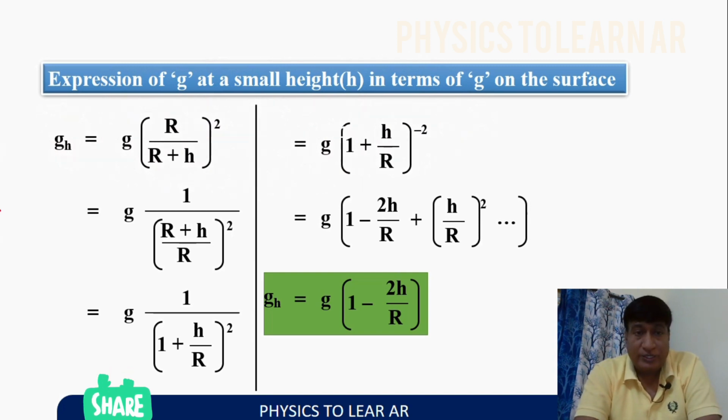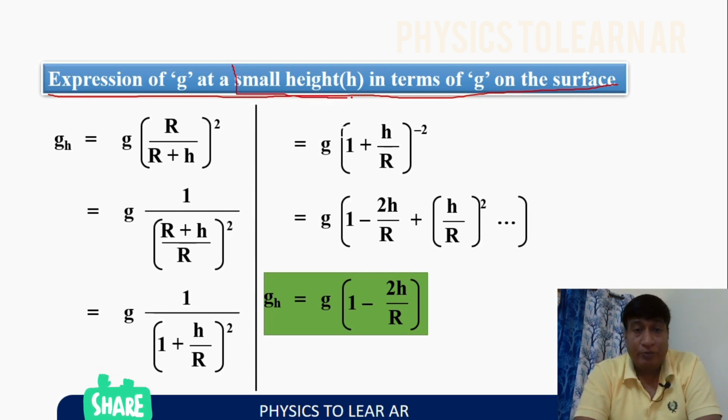So this is the expression for small g at a small height in terms of g on the surface of the earth. This formula can be used at small heights.